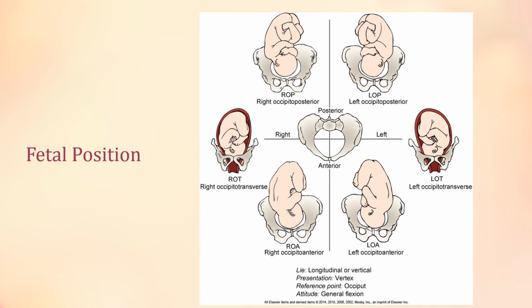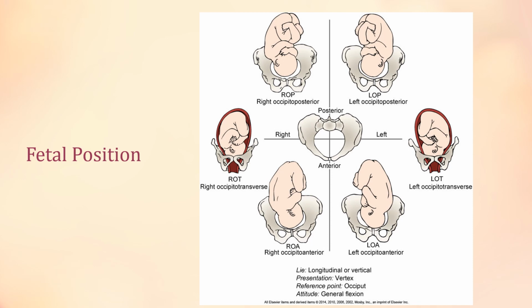If there is an R in front, then the baby's occiput, and therefore its back, its spine, is on the mother's right side. If she's lying flat on her back and we did Leopold's maneuvers, we should be able to feel the back, the long, smooth section of the baby's back, on the mom's right side.